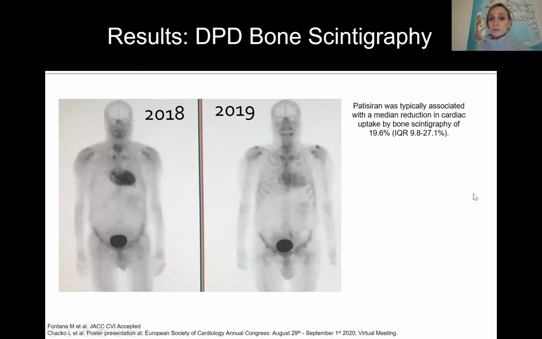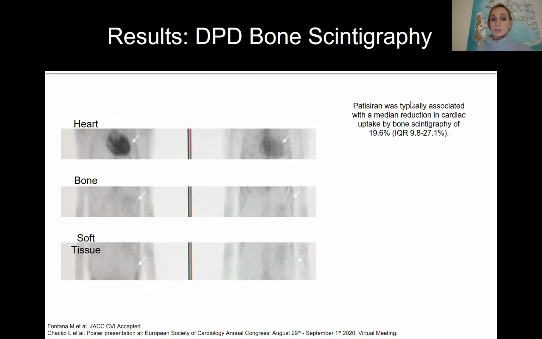We also did bone scintigraphy in the patients treated with patisiran, and patisiran was typically associated with a minimal reduction in cardiac uptake by bone scintigraphy. But can this be considered a reduction in the amyloid burden? We need to be extremely careful, because whilst there was a reduction in the uptake in the heart, there was also an increase in the uptake in the bone and different uptake in the soft tissue.